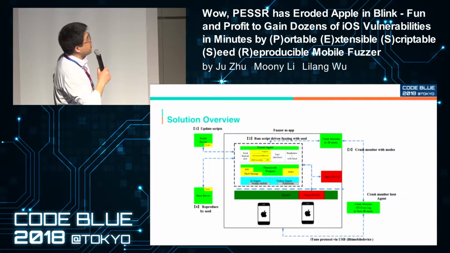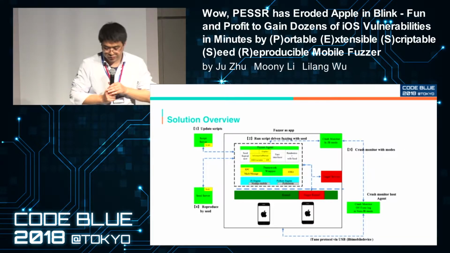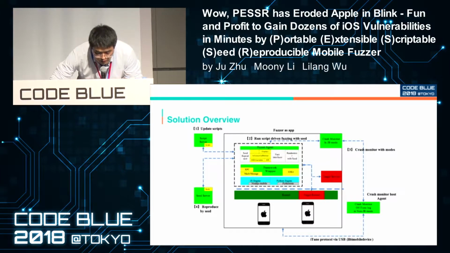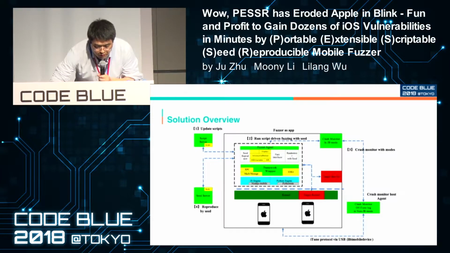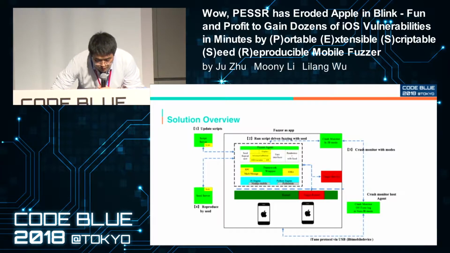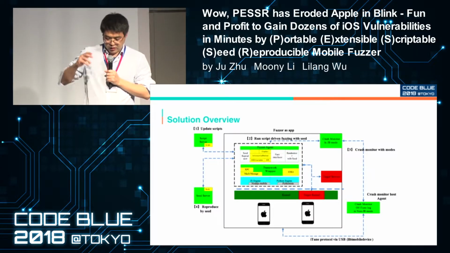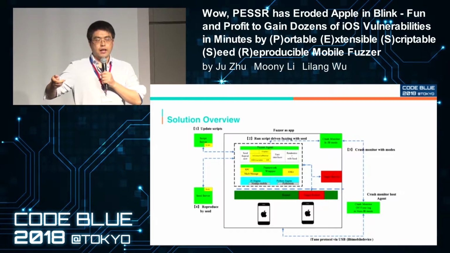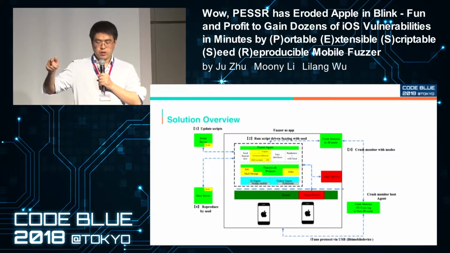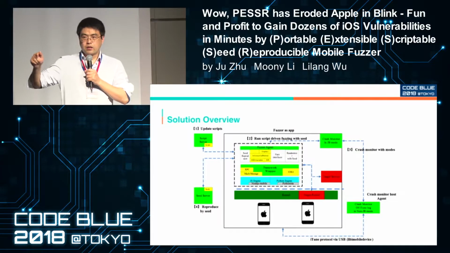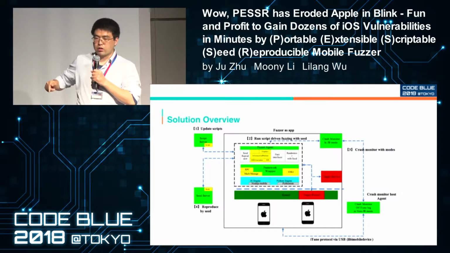Okay, this is our whole solution in detail. As we can see, it is composed of different parts. The main part is the fuzzer agent. You can consider it as an executor in user mode, which will try to call attack interfaces towards user mode or kernel mode.